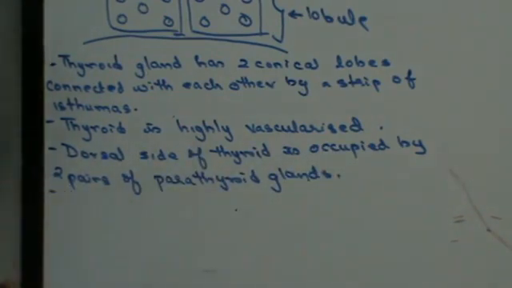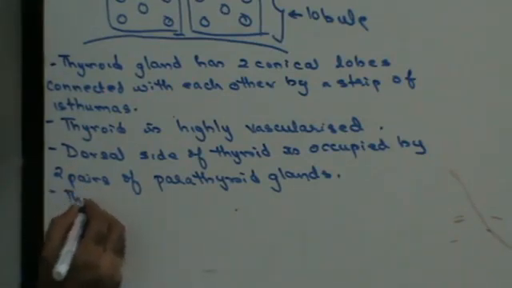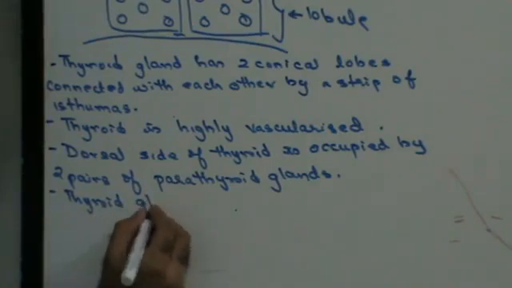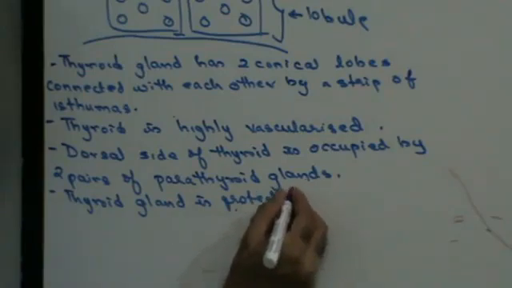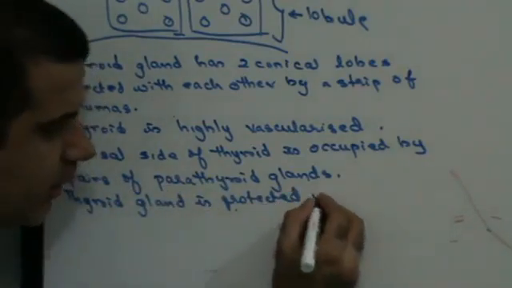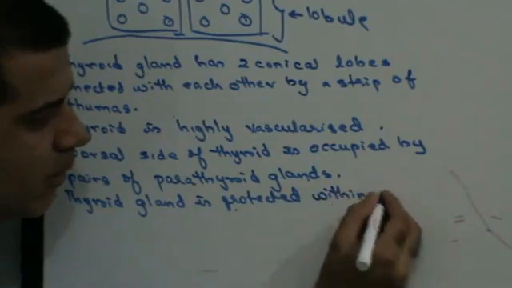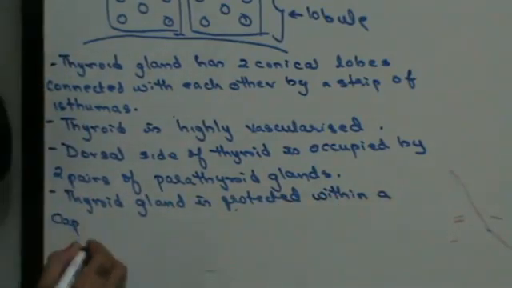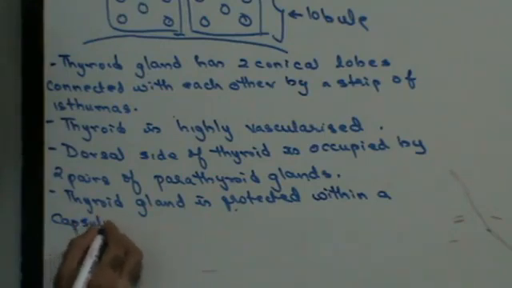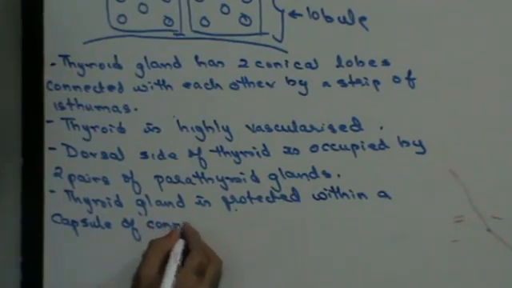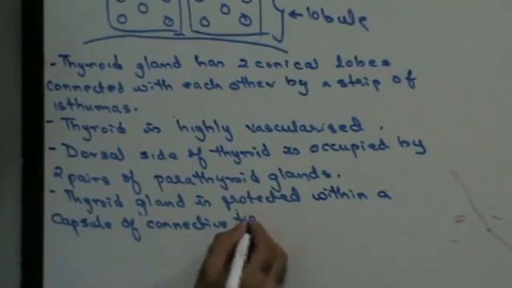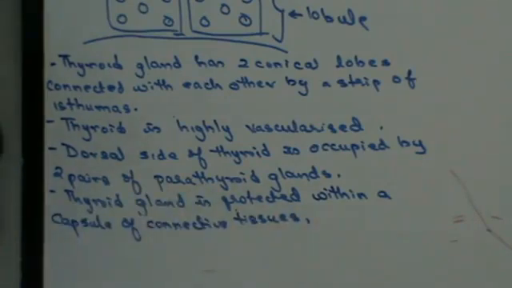The thyroid gland is protected within a capsule of connective tissue. Fine. So that's my location and structure.